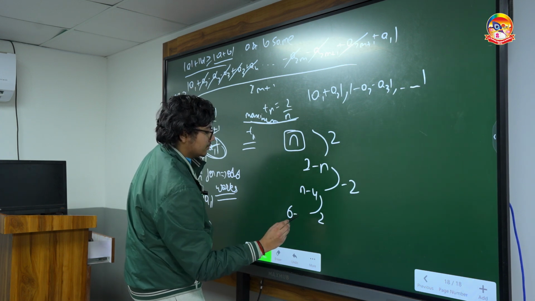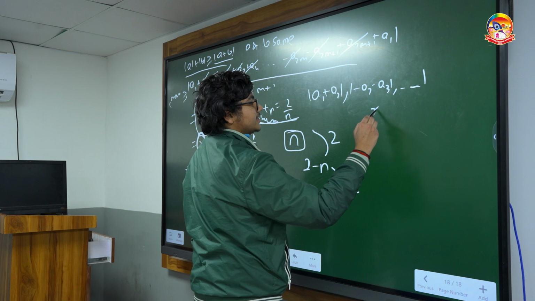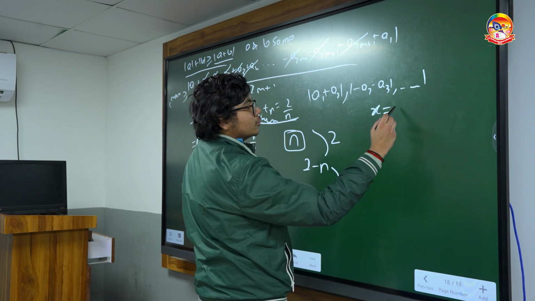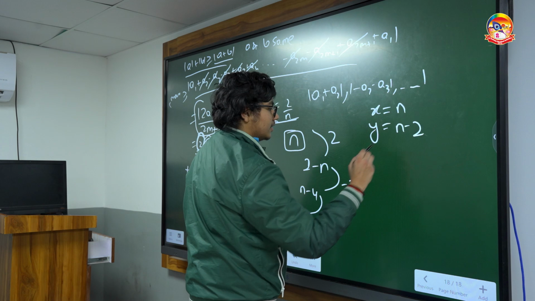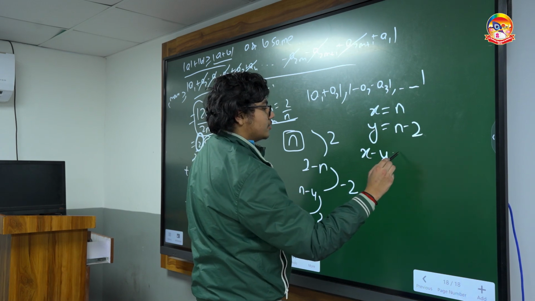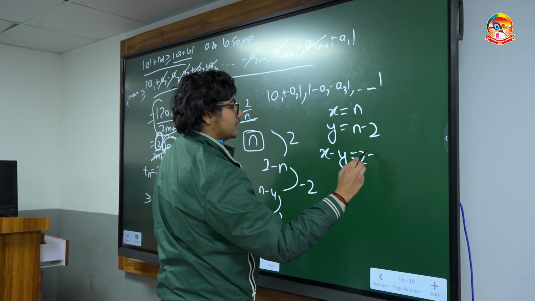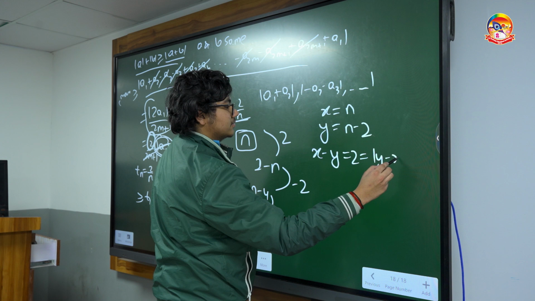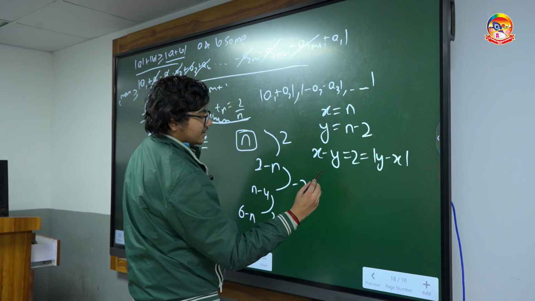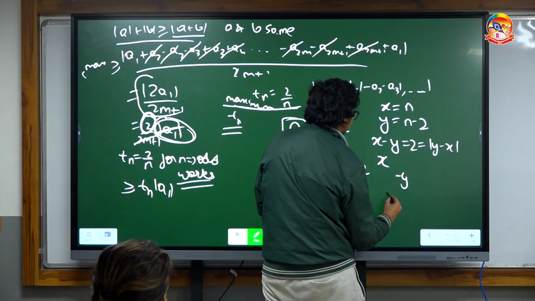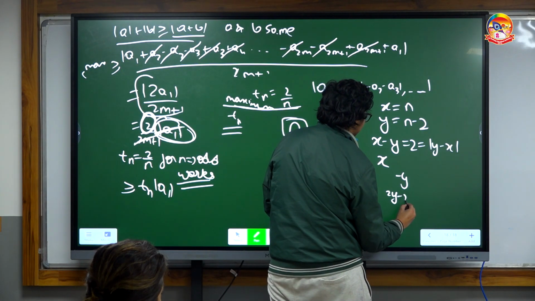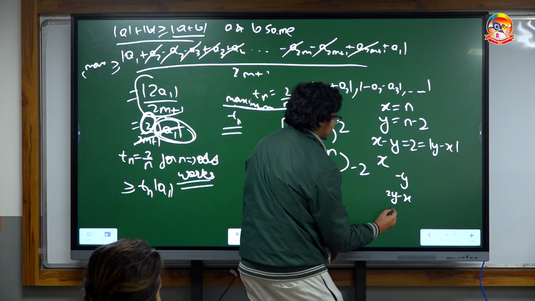So 6 minus n. Let us formalize this by saying that x is equal to n and y is equal to n minus 2. Of course x minus y is equal to 2, which equals mod y minus x. So let us say the first term is x. The second term is minus y, such that the sum is x minus y. The third term is 2y minus x, such that the sum is y minus x.